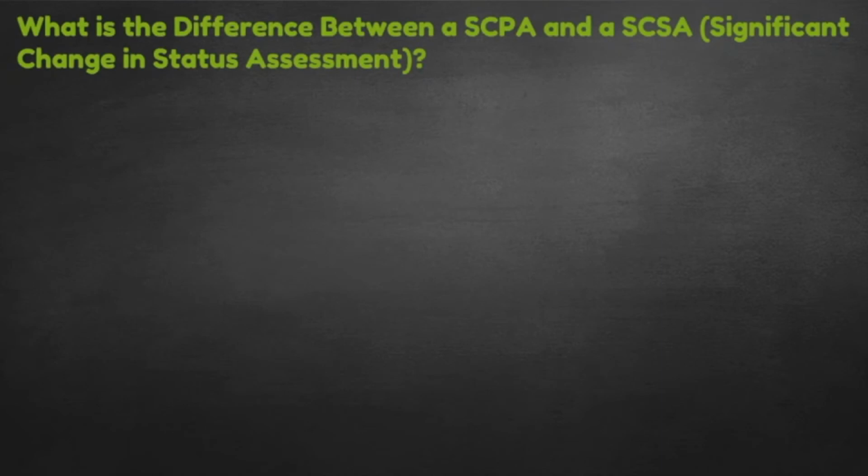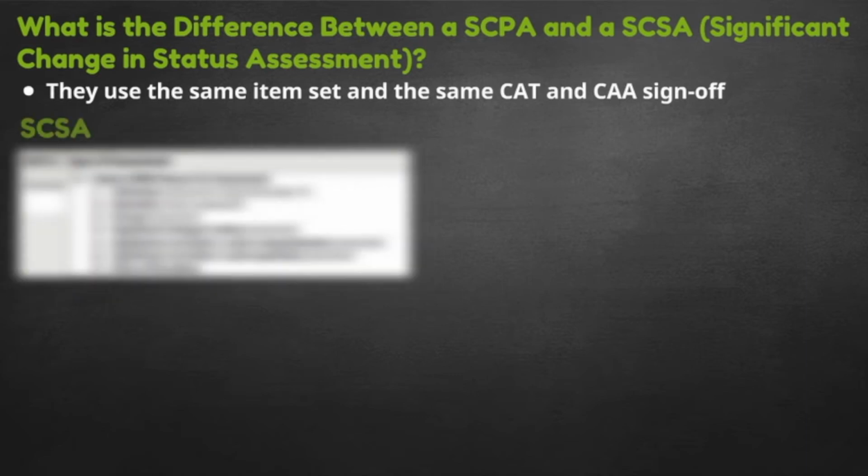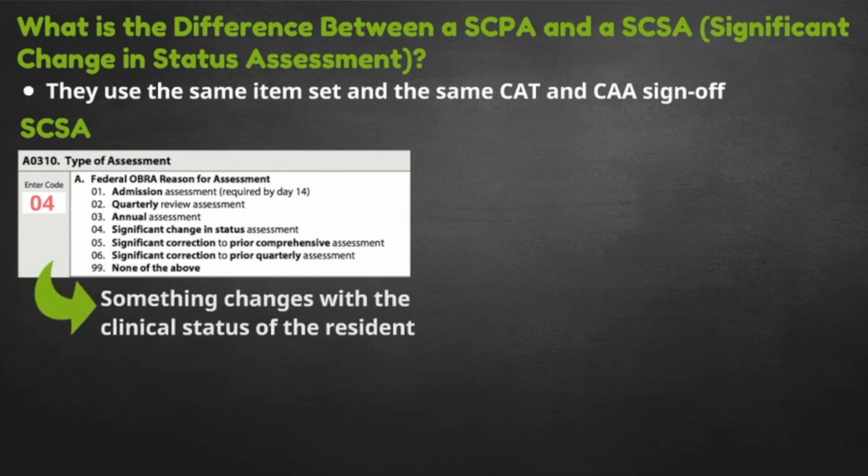So what is the difference between an SCPA and an SCSA, significant change in status assessment? On paper, not much. They use the same item set and the same CAT and CAW sign-off. The difference is that the SCSA, A0310A equals 0.4, means that something changed with the clinical status of the resident.